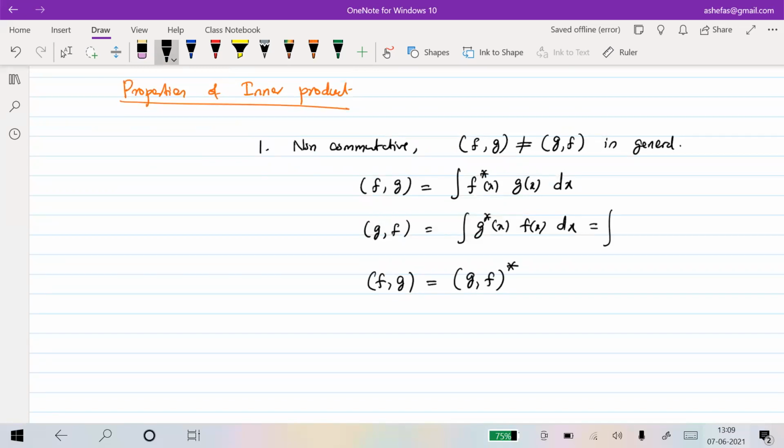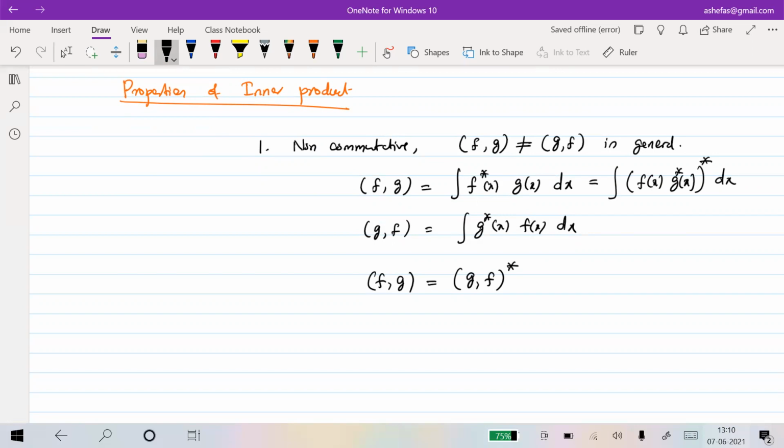Or the first expression we can write is the integral of f of x g of x, or g star of x complex conjugate, dx. So f star of x g of x can also be written as f of x g star of x, star. If you take the complex conjugate again, then g star of x will become g of x and f of x will become f star of x.